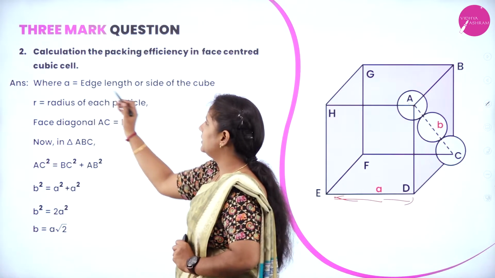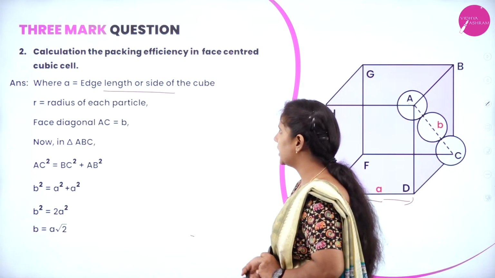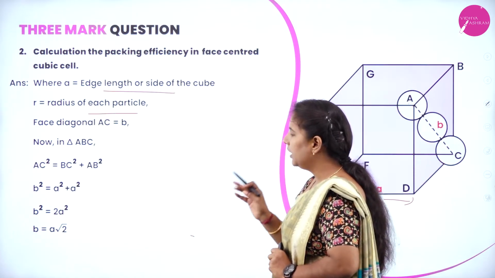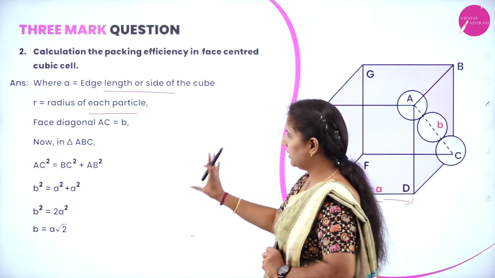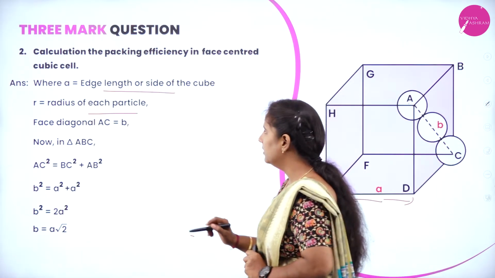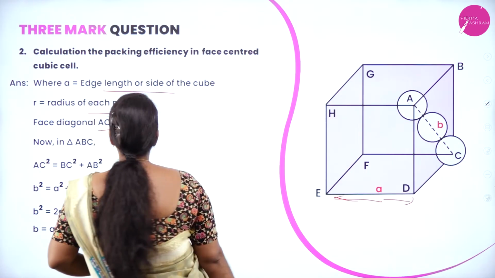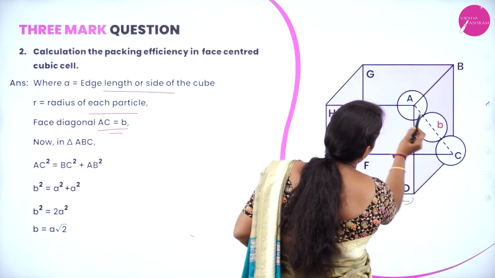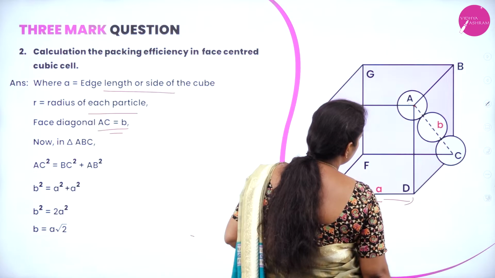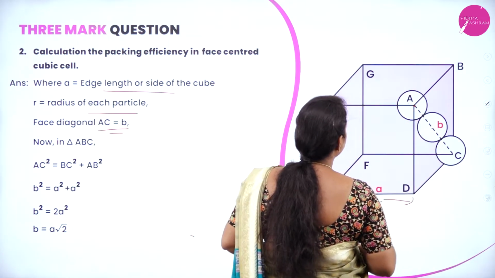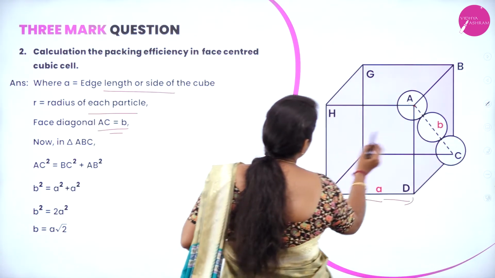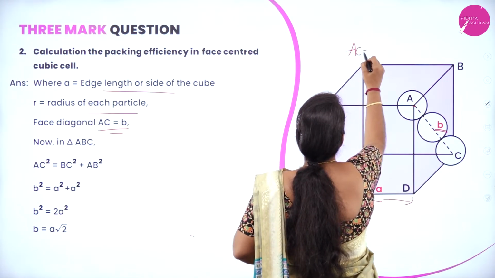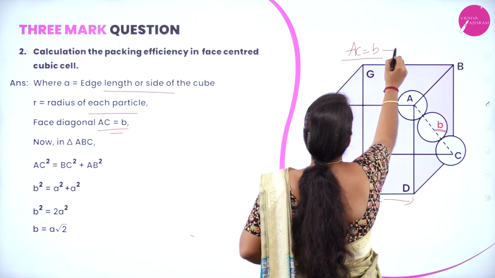You can rewrite it as A is the edge length or side of the cube and r is the radius of the particle. To get the value of A, you need to consider the triangle. I have drawn the face diagonal AC as a dotted line to show that it is a diagonal, and it is always equal to B.